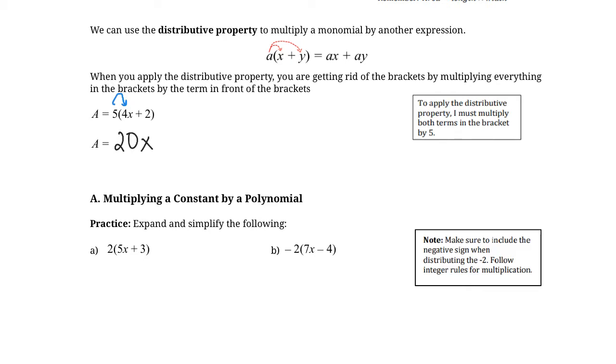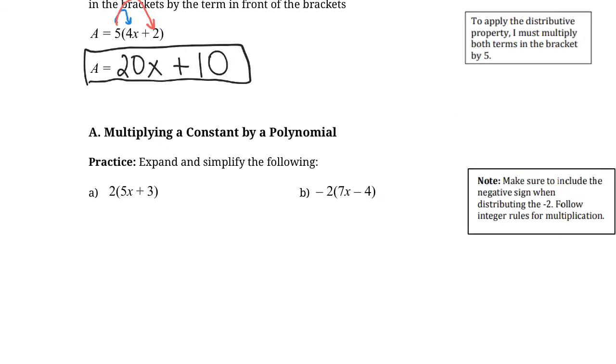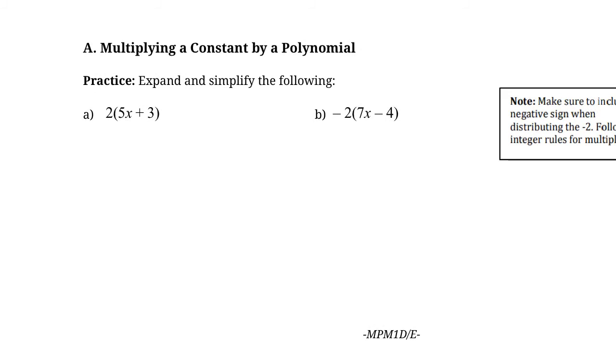Then we go back and do 5 multiplied by positive 2, which is a positive 10. So our simplified expression for the area of that rectangle is 20x plus 10. That's essentially what the distributive property is, taking the term in front of the bracket and multiplying it with everything inside the bracket. So let's keep practicing with these practice questions here.